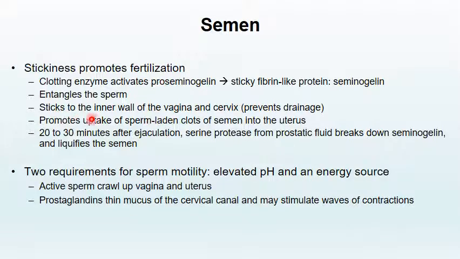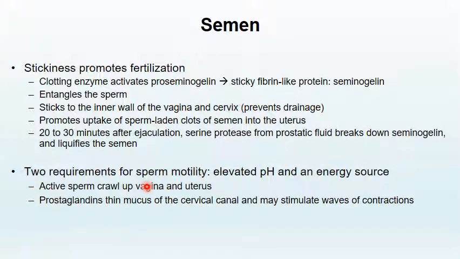So it doesn't just slide out, but rather it sticks in there, and it allows time for the sperm to actually move their way from the vaginal canal into the uterus. We also help promote uptake, and it doesn't stay that way forever. So about 30 minutes after semen is deposited, we get another enzyme from the prostatic fluid that actually breaks it down and helps eliminate it.